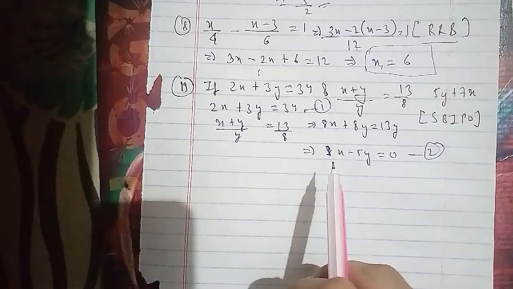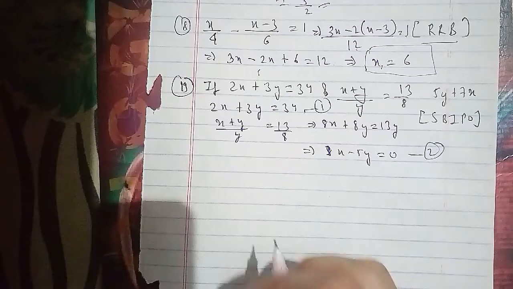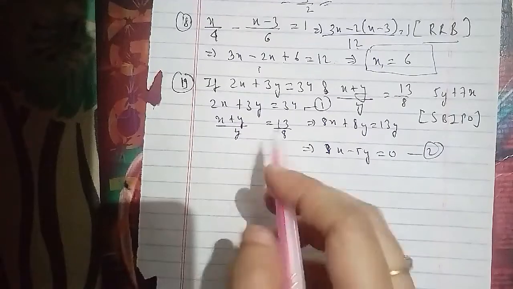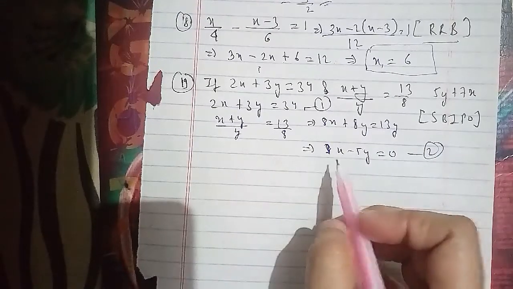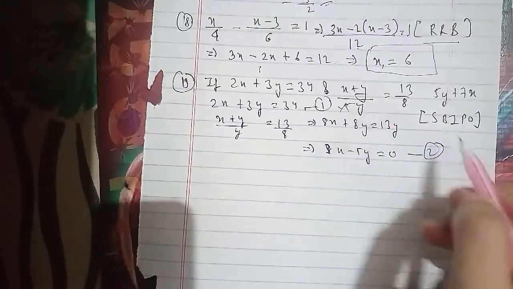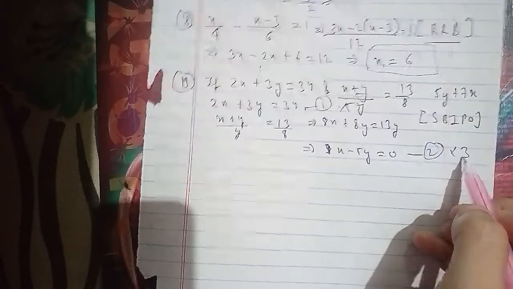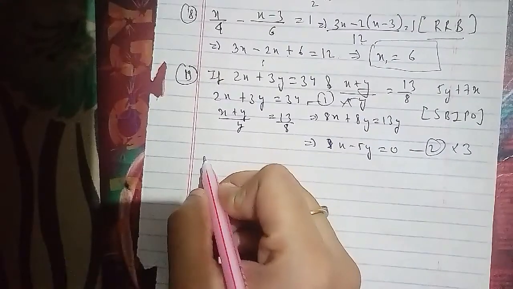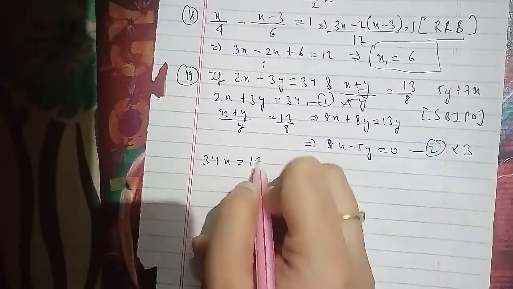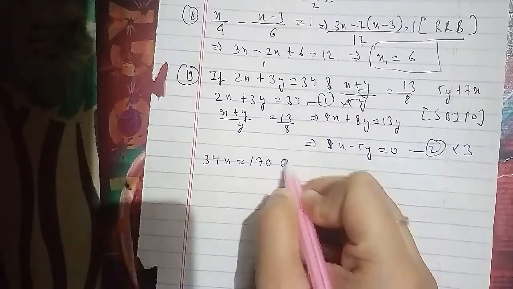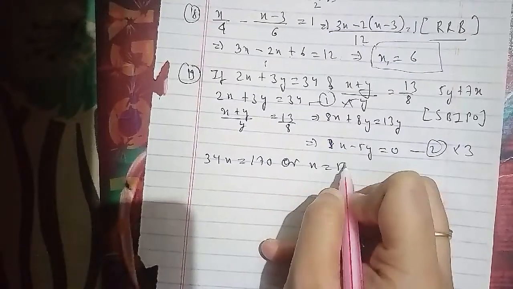In the same equations, we multiply the first by 5 and the second by 3. Adding them out, we get 34x equals 170, or x equals 5.